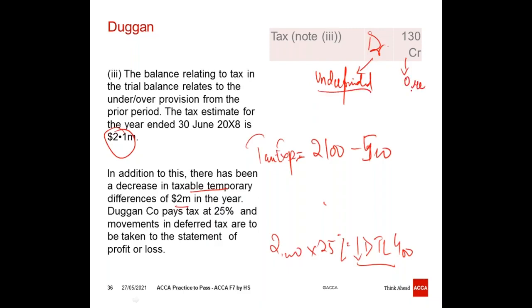And over provided tax means that previously we have charged the larger amount but paid less to the taxation authority, meaning the further amount that you need to pay. So that will appear on the credit side because it's a liability. So over provided tax will be adjusted.